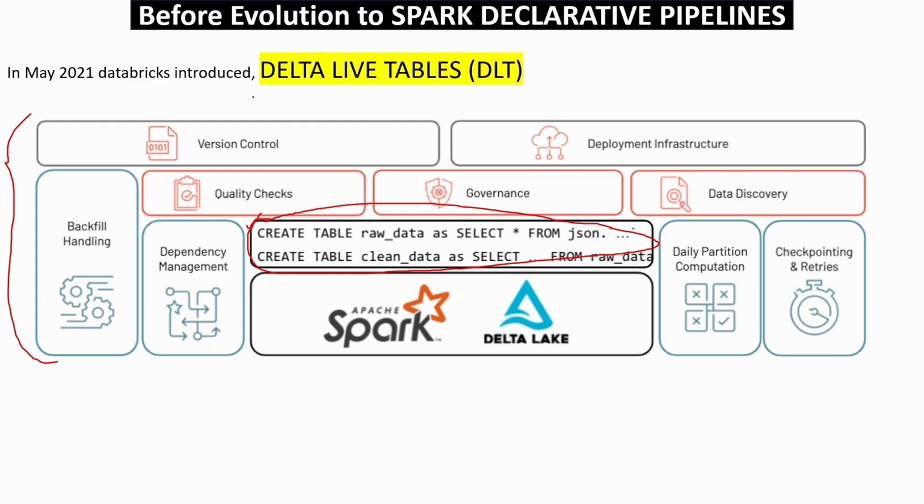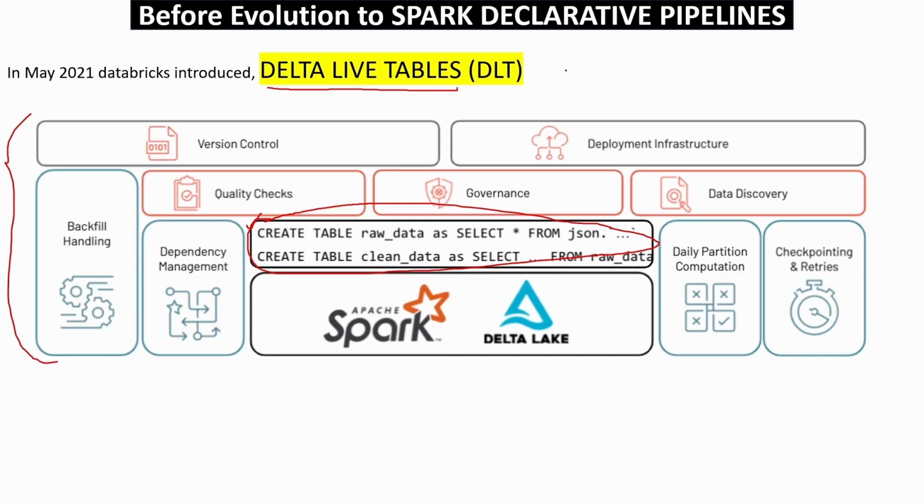This concept they named Delta Live Tables, and these are not tables. This is a framework which they introduced in May 2021, and this was a revolutionary framework because now lineage, operational things, governance, quality, I can literally leave these things to Databricks. Databricks had provided some very quick functions in the DLT library.